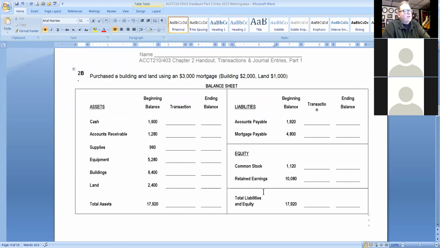What do we do with that? We take out a $3,000 mortgage, and we got a building for $2,000 and paid $1,000 for the land. Hey, this is messed up here.